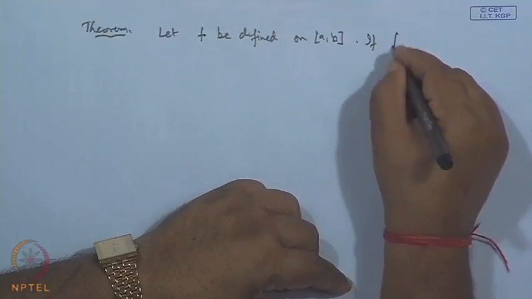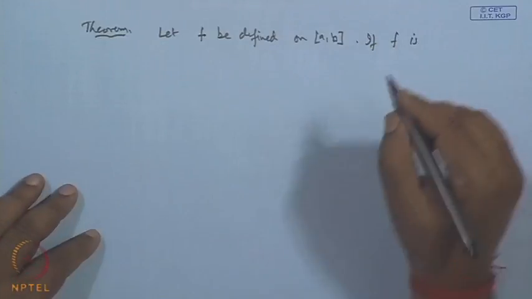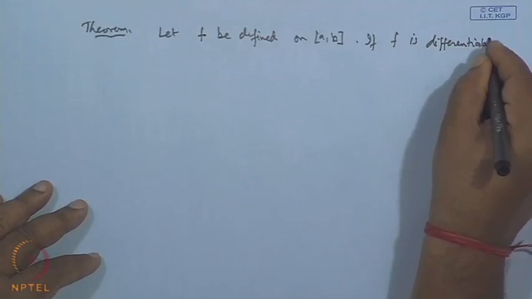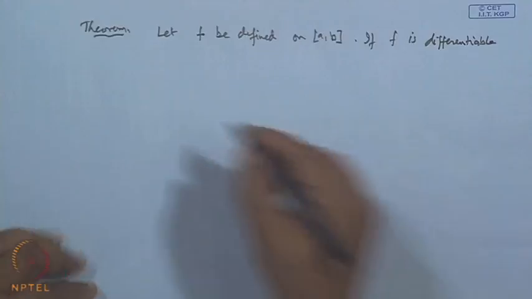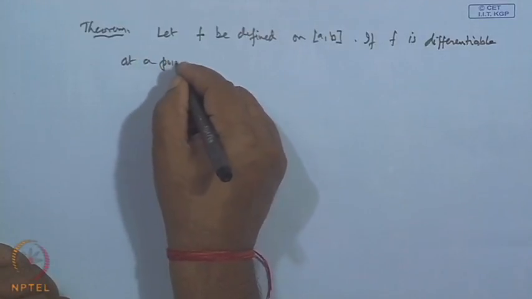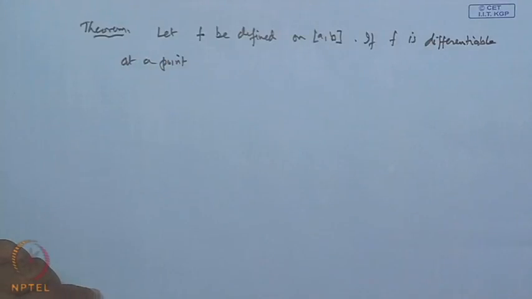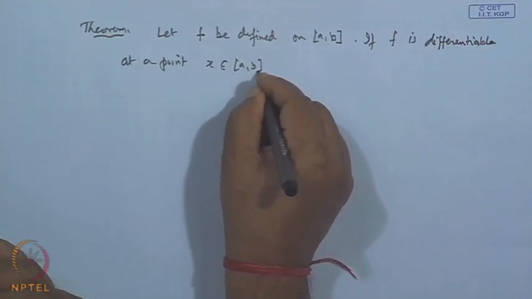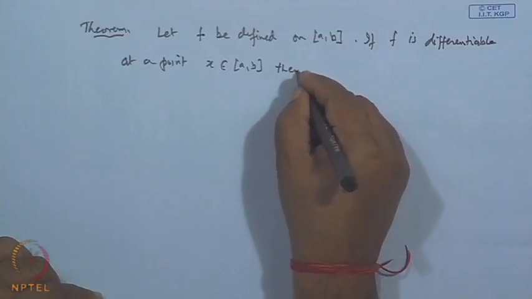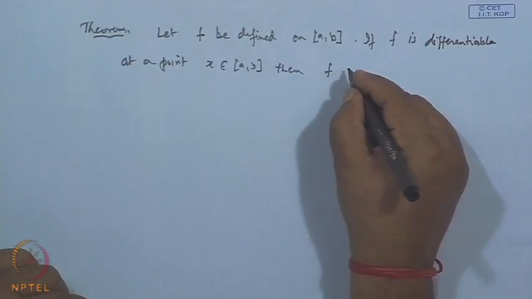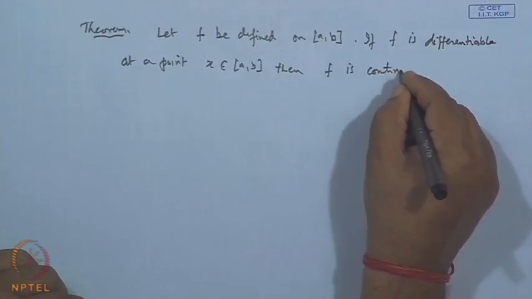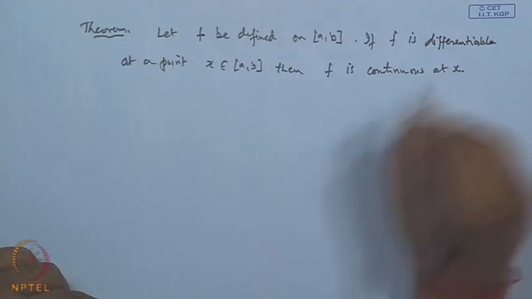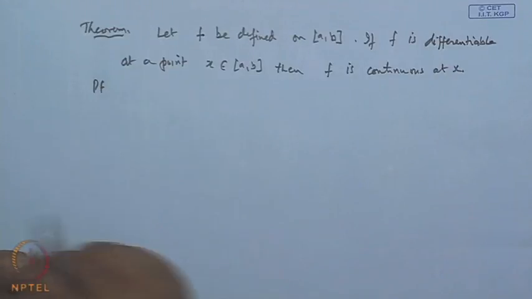If f is differentiable at a point, say x belonging to the interval [a, b], then f is continuous at x. The proof is simple.